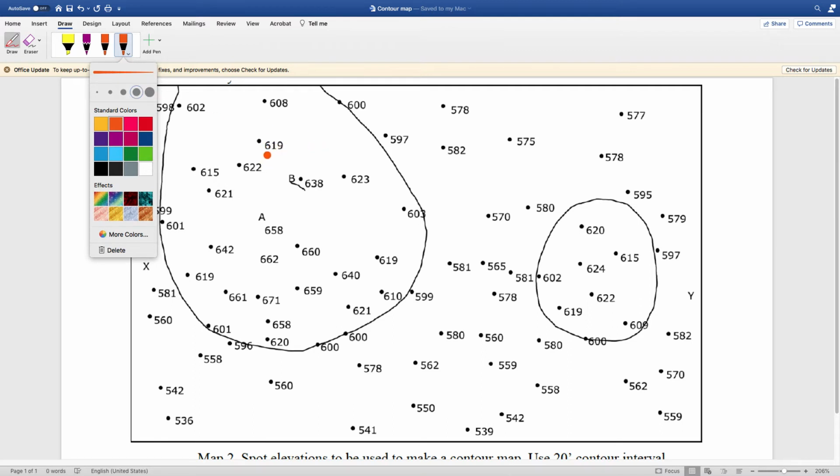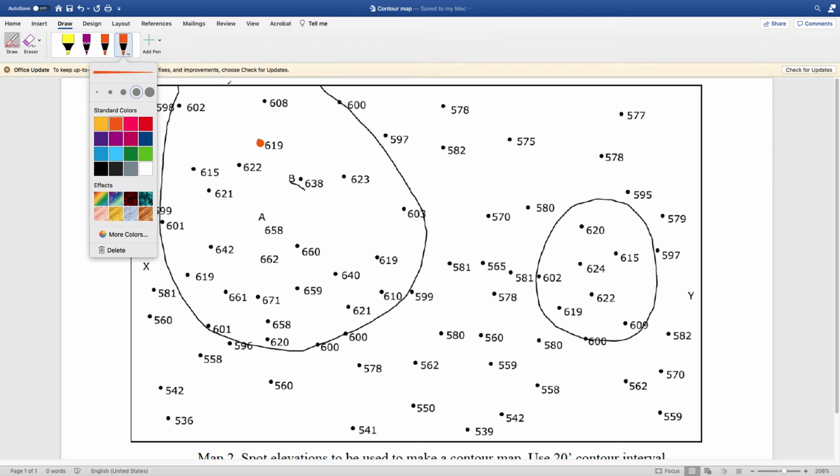So this is 619 feet right here, and this is 622 feet right here. So what we're going to assume is that there's a constant slope up in this direction from the 619 dot to the 622 dot. In other words, this is 619, 620 would be about right there, 621 would be maybe right there, and then 622 would be right there.